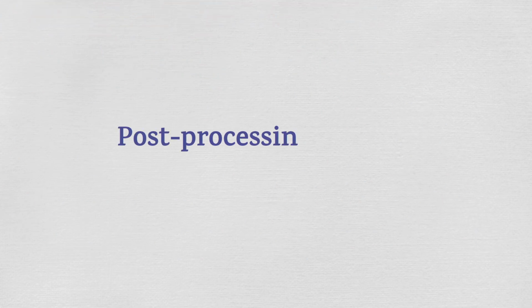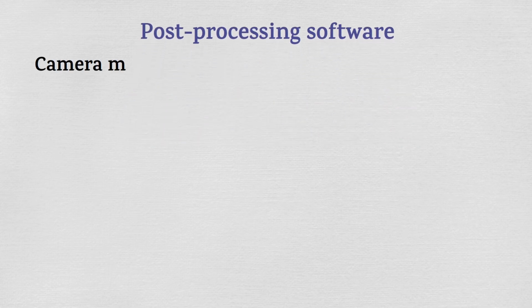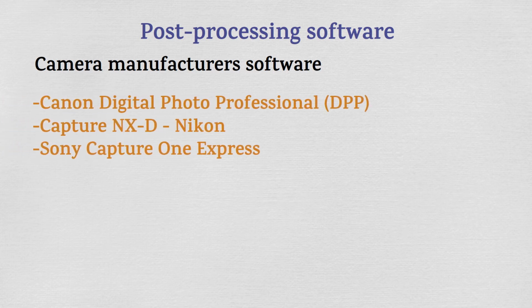In post-processing, there are various softwares. Now this is an ocean where you can choose software of your liking. Camera manufacturers themselves have dedicated softwares for their images which have a little bit of post-processing capabilities, like Canon DPP, Nikon has Capture NX-D, Sony has Capture One Express.